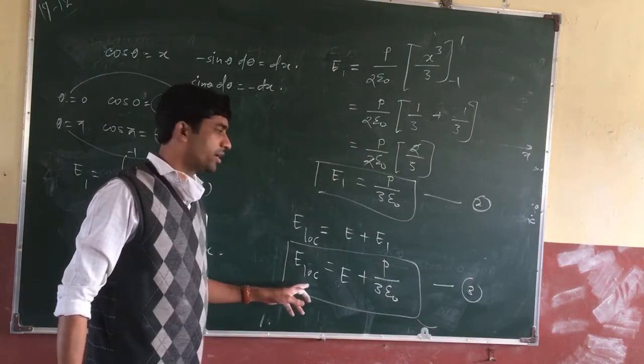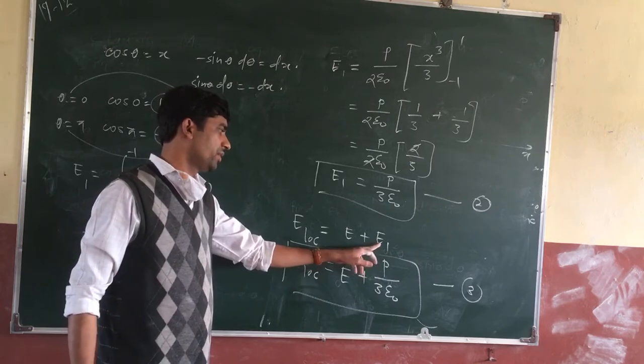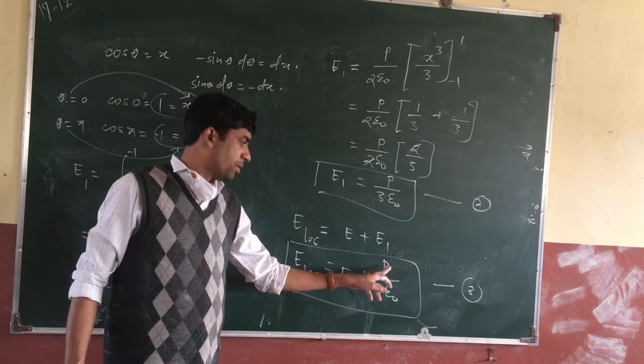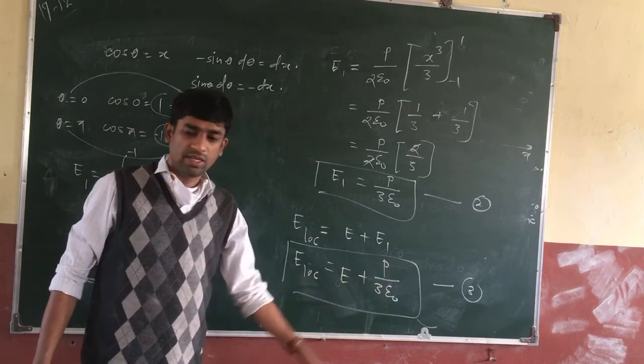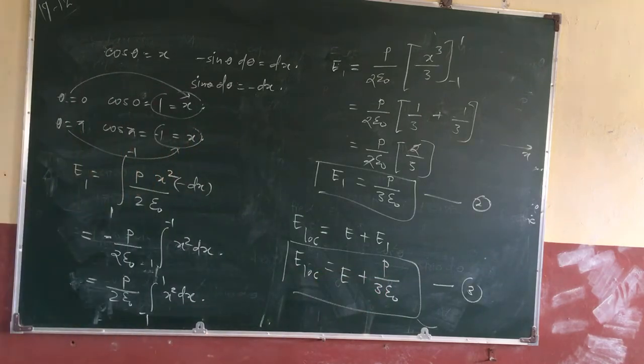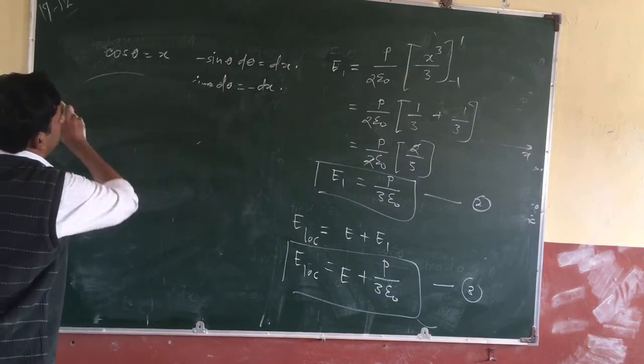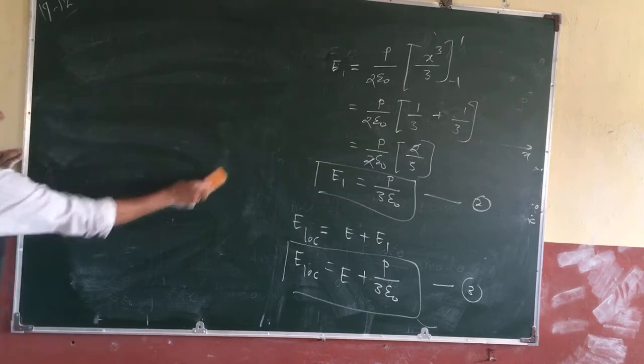So what is your local electric field? If you substitute the value of E1 from equation number 2, it is net electric field plus polarization divided by 3 epsilon naught. Now from equation number 3 I have to calculate the value of polarization.